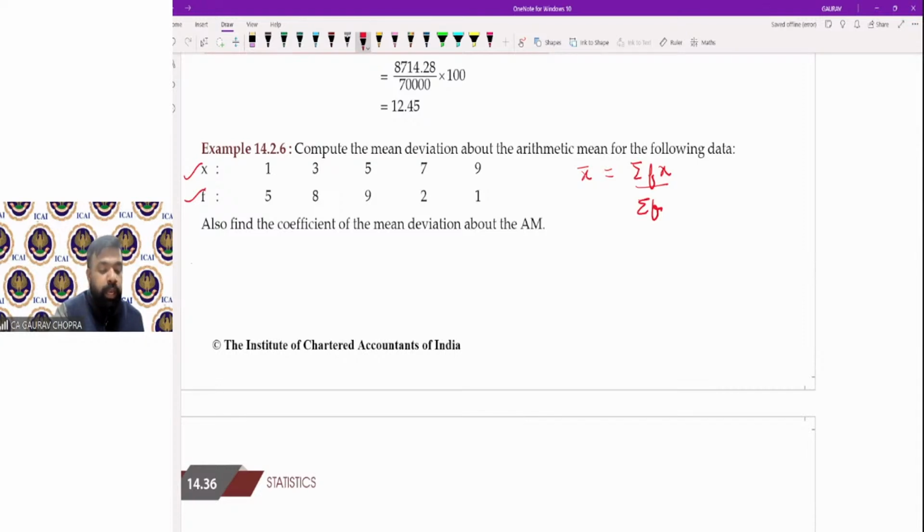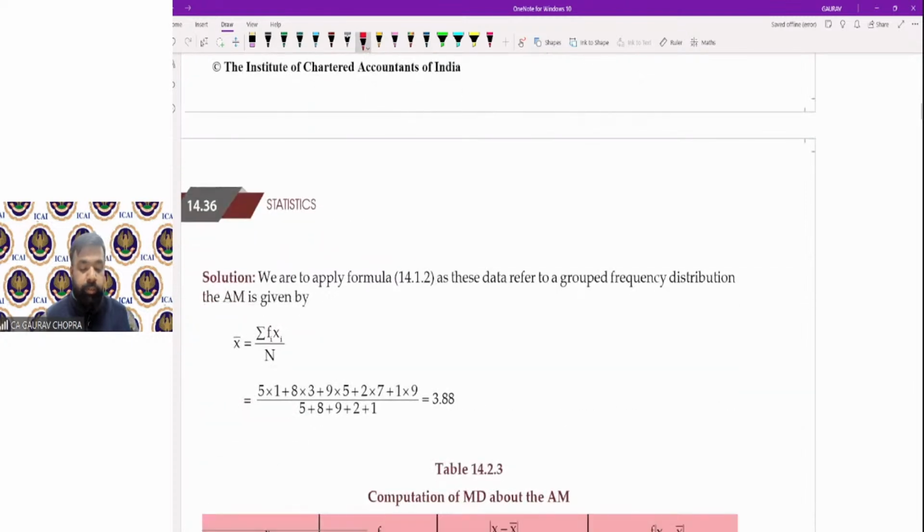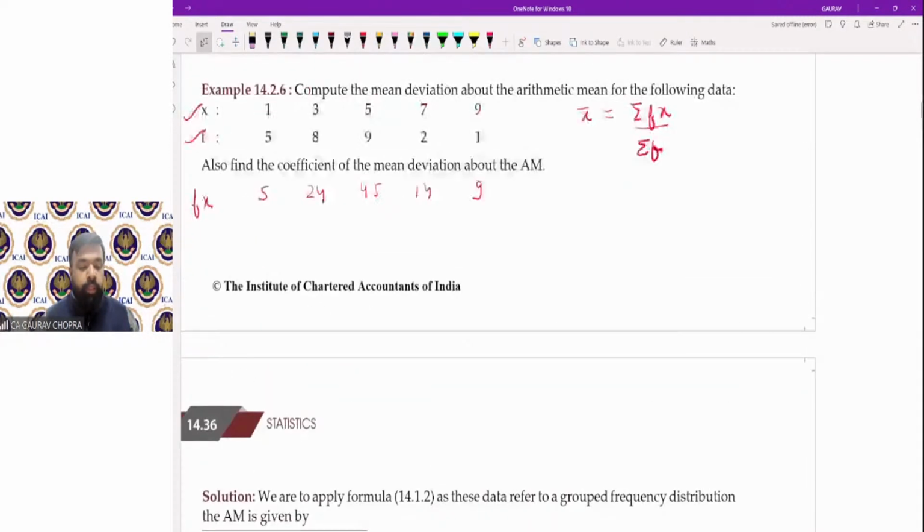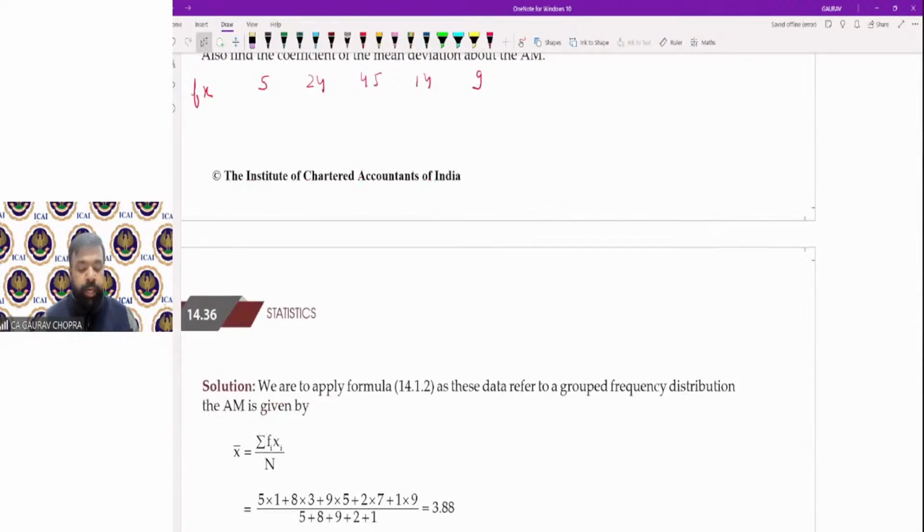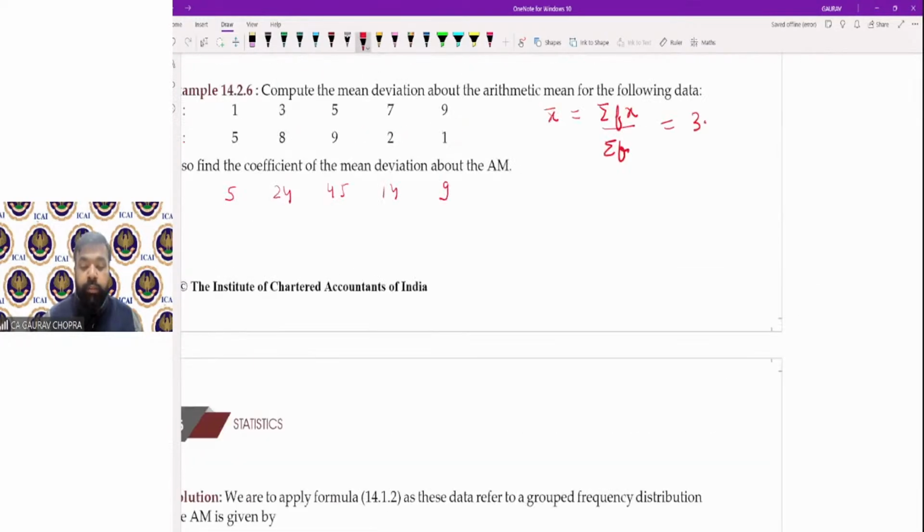So you can calculate fx here: 1 into 5, 3 into 8, 5 into 9, 7 into 2, 9 into 1. Then find the total: 5 plus 24 is 29, plus 45 is 74, plus 14 is 88, and plus 9 is 97, divided by the total number of observations. So how much are you getting? 3.88. So your arithmetic mean is coming out as 3.88.